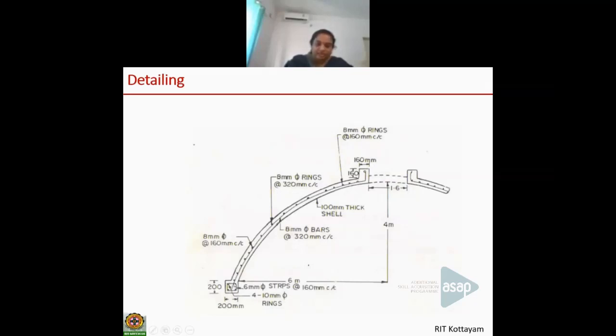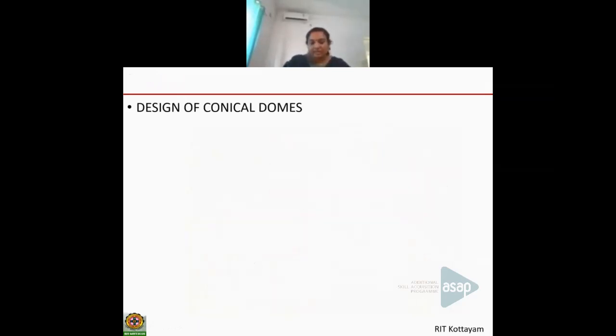So the ring beam and the reinforcement provided for the ring beam are properly connected to this one. Ensure that you mark all the reinforcement and also the thickness, everything properly. So that completes the design of the spherical dome.